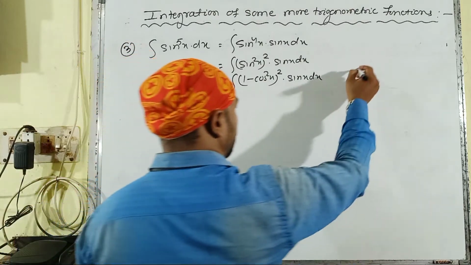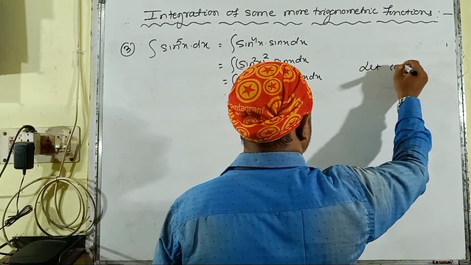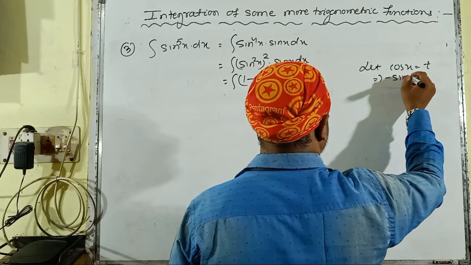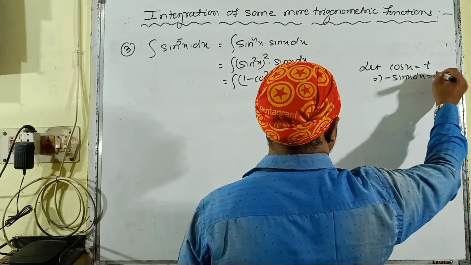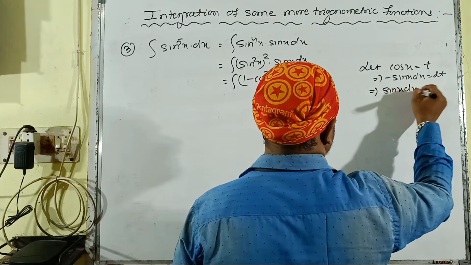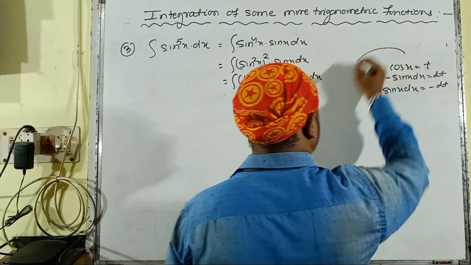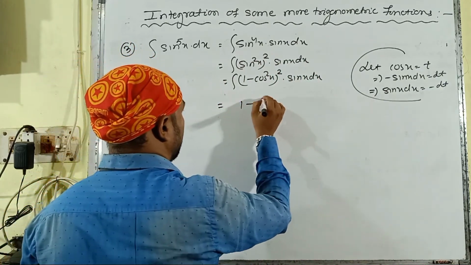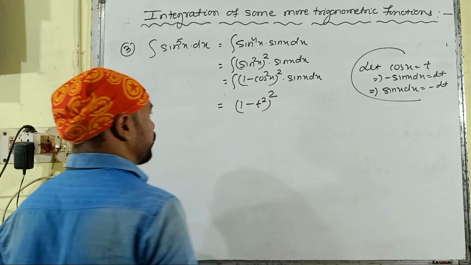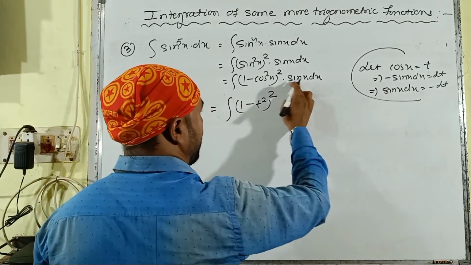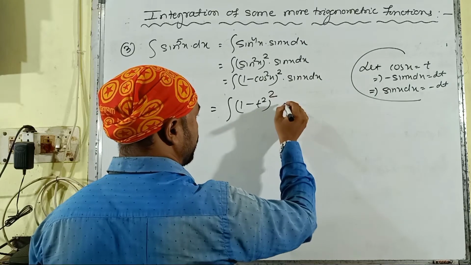Then we substitute cos x as t, let cos x is equal to t, that means minus sin x dx is equal to dt, that means sin x dx is equal to minus dt. So it will be 1 minus t square whole square, and the value of sin x dx is equal to minus dt.